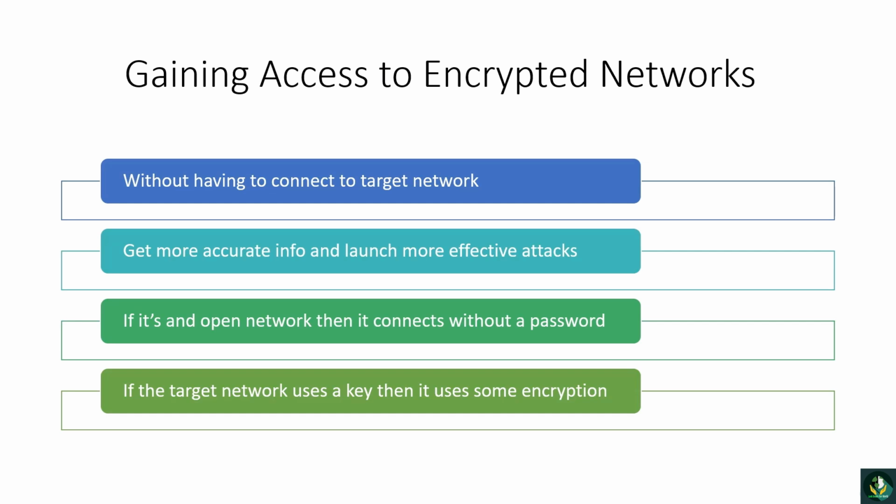So if you target a network that uses some sort of encryption, you cannot really do anything more unless you find the key, so that you can decrypt the data and connect to the network. So we're going to talk about how to decrypt WEP, WPA and WPA2 encryption.